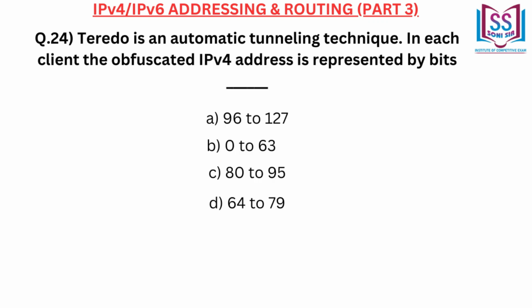Teredo is an automatic tunneling technique. In each client, the obfuscated IPv4 address is represented by bits dash. A. 96 to 127. B. 0 to 63. C. 80 to 95. D. 64 to 79.